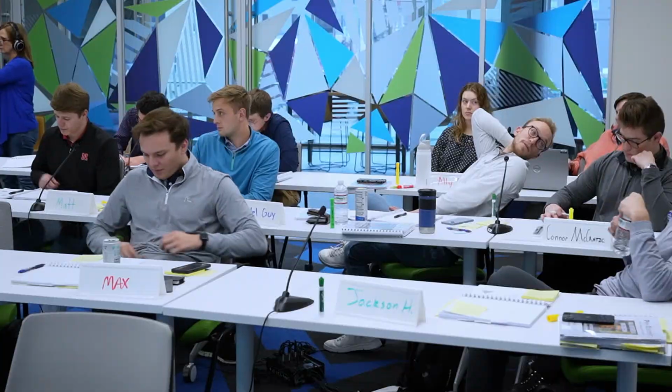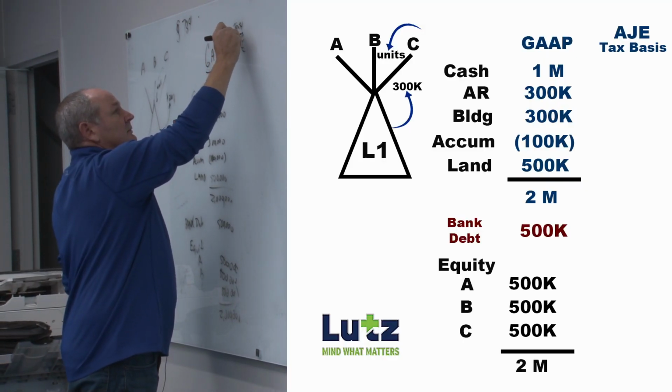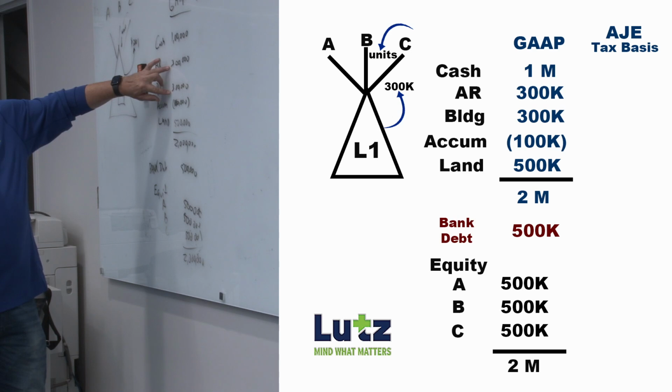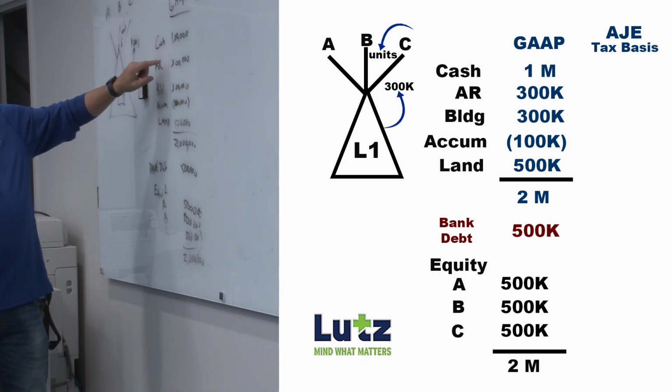It's definitely 2.1 million. What do you got, Chris? It's definitely 2.1 million, but Chris, it's a negative 100,000, so it's 7 plus 5, that's minus 1. Negative 100,000.